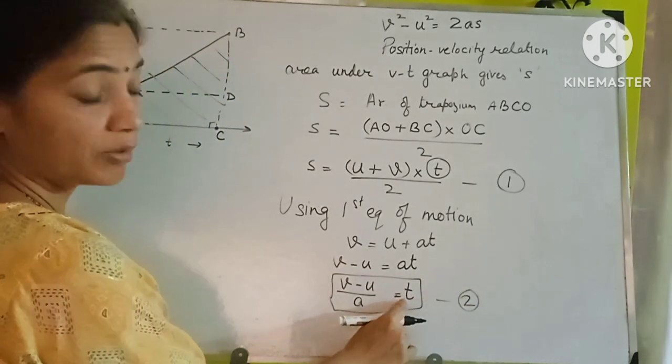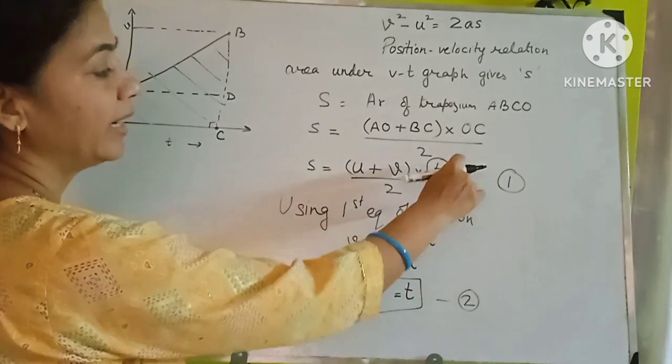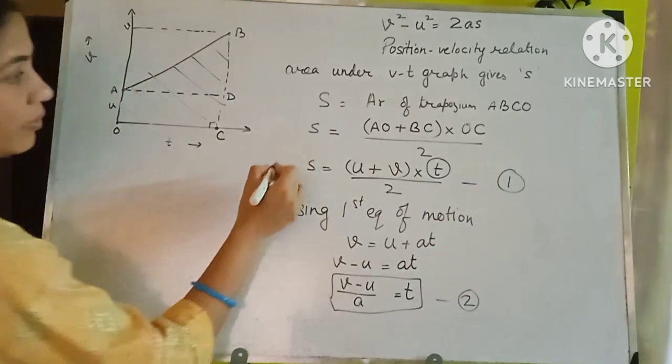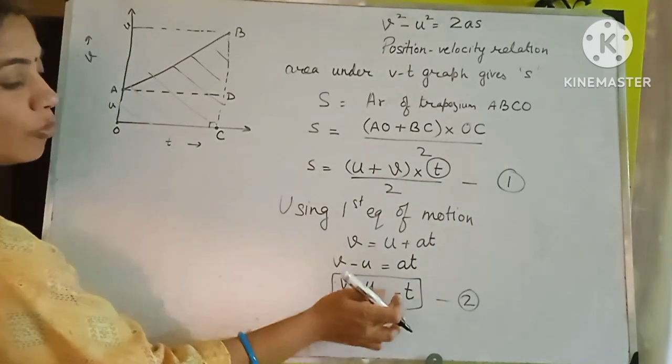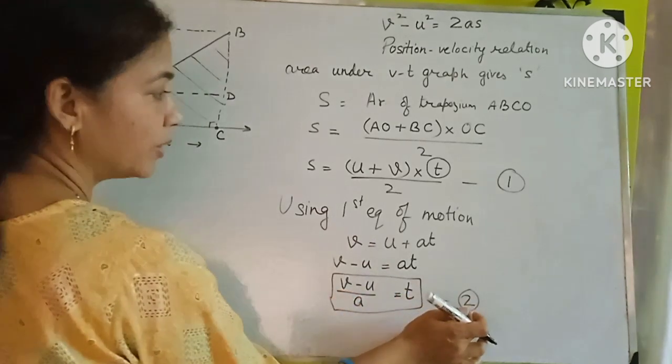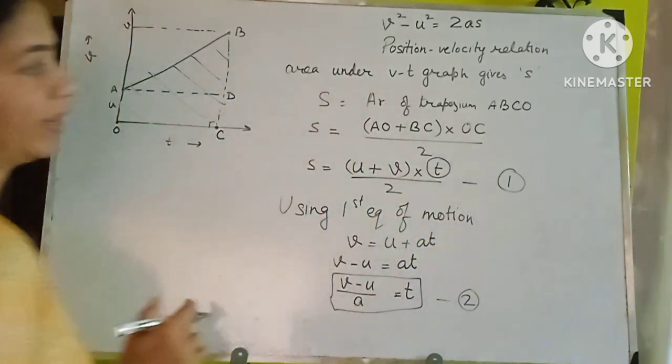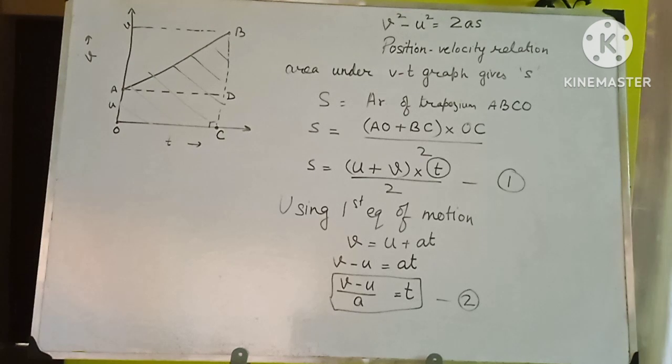Substitute this value of time which you have just now found in this equation. Okay, so what we will write: substituting the value of t from equation number 2 in equation number 1.